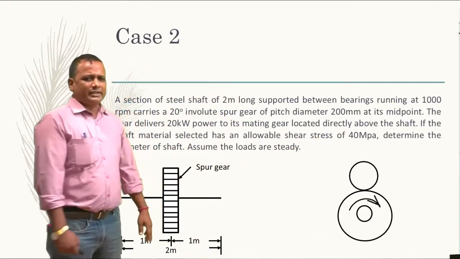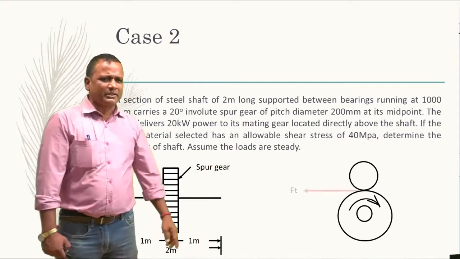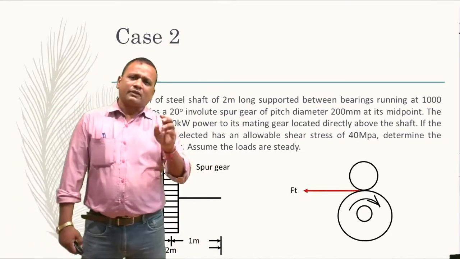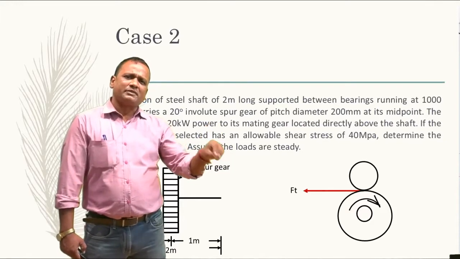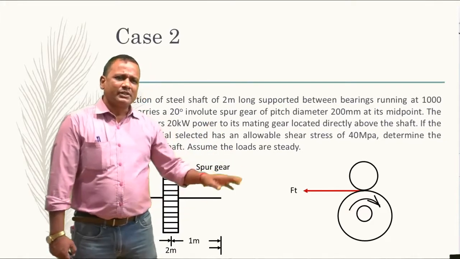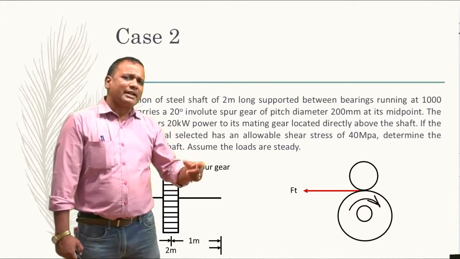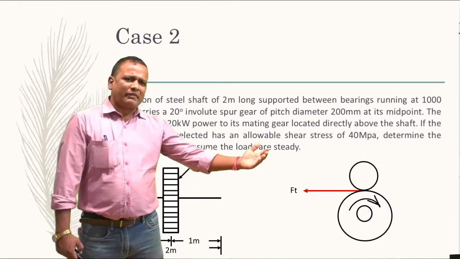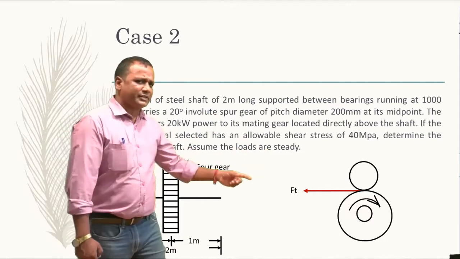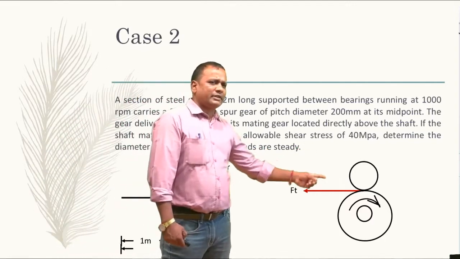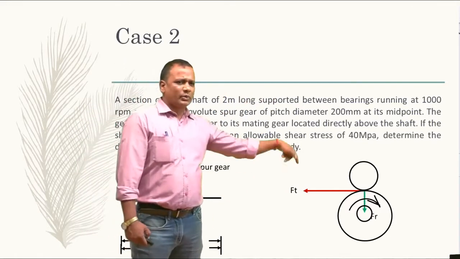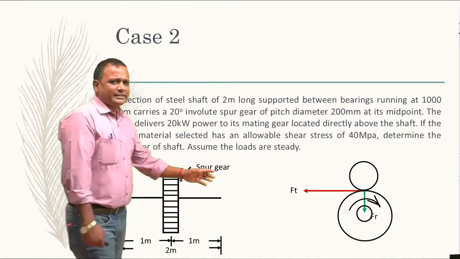Now let's see if it rotates in a clockwise direction, presuming that, as I said in the previous video where we discussed the forces on the shaft if the gear or the pulley is considered. If I am going to design a gear which transmits power to another one, the tangential force is opposite to the direction. As you can see over here, the direction is clockwise and the Ft is opposite to that, and Fr is towards the shaft. Now this is a side view of this.